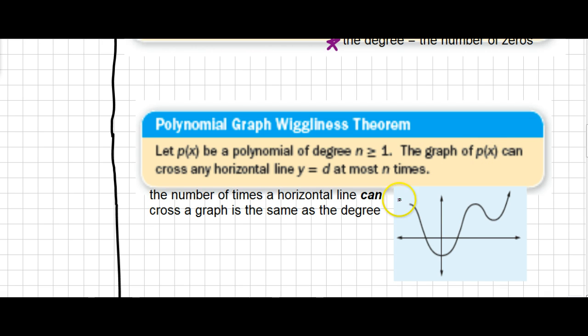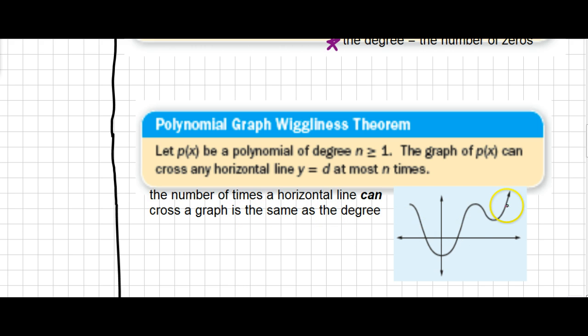The graph of a polynomial, if you take that graph and draw any horizontal line through it so that it crosses the graph as many times as possible, that's going to tell you the highest value of the degree of that polynomial. So the number of times a horizontal line can cross a graph is the same as its degree.